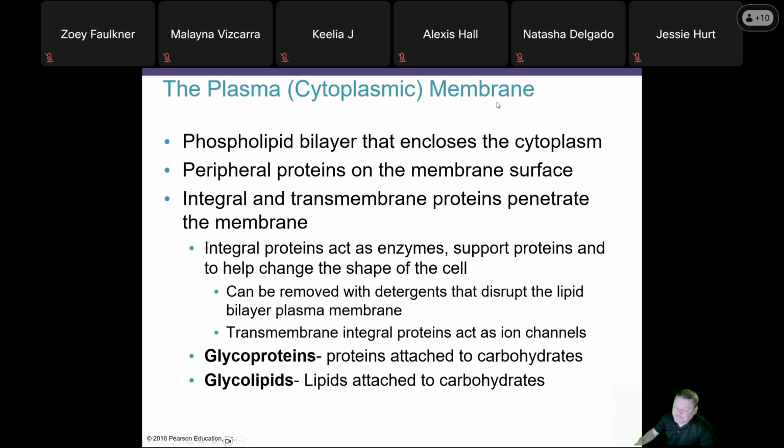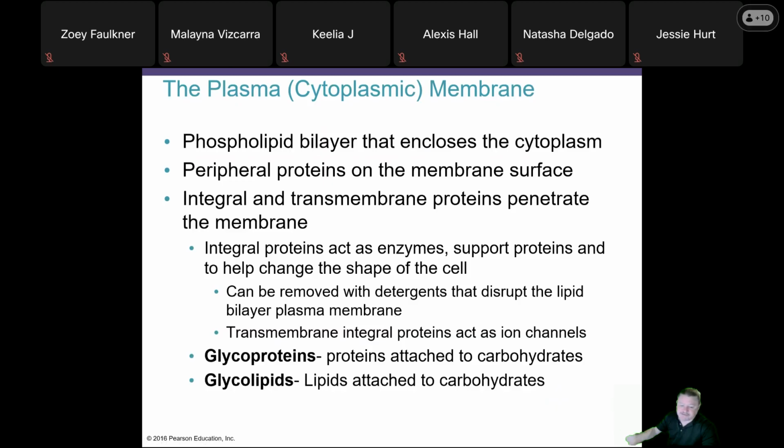All right, so the plasma membrane is very similar to what we've seen in the human cell. When you take anatomy and study the eukaryotic cell, basically you have this phospholipid bilayer, and then you have peripheral proteins on the membrane surface, and then you have the integral proteins that act as channels that allow enzymes and things to move in and out.